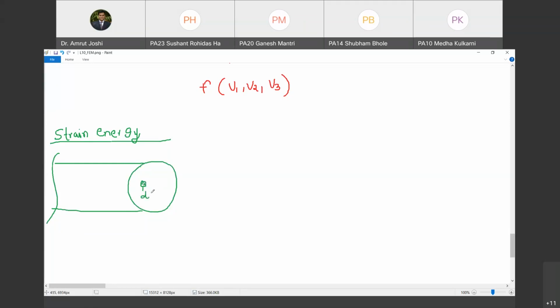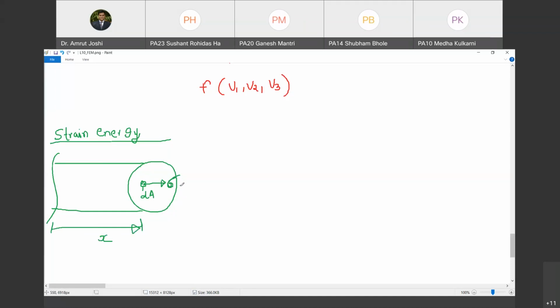This is small area dA, and on this I will say that the stress acting is sigma. Are you with me? Are you able to imagine this? This is the stress acting on a small area dA at a given x. So this is at distance x from left hand.